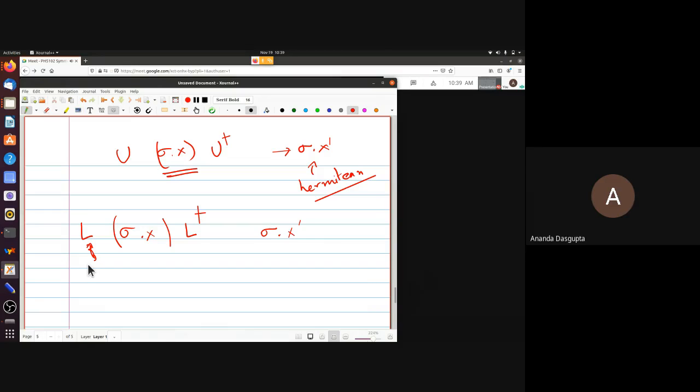So this thing is Hermitian, where L is arbitrary. At this stage, L is an arbitrary 2 by 2 matrix, no restrictions whatsoever. L sigma dot x L dagger is Hermitian, so it can be written down as sigma dot x prime.